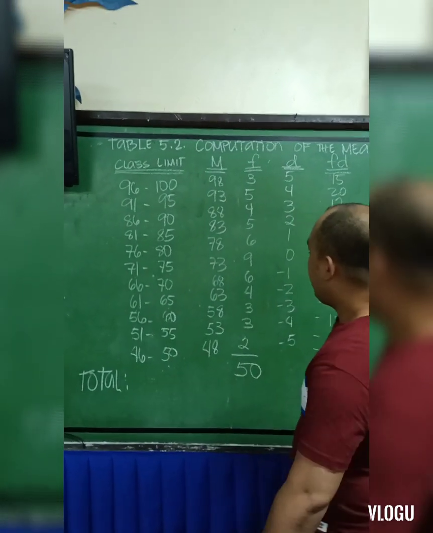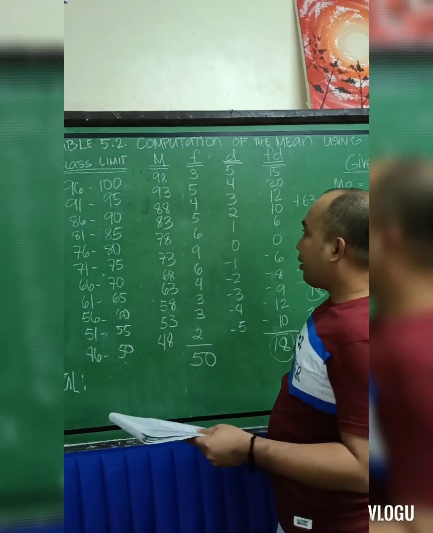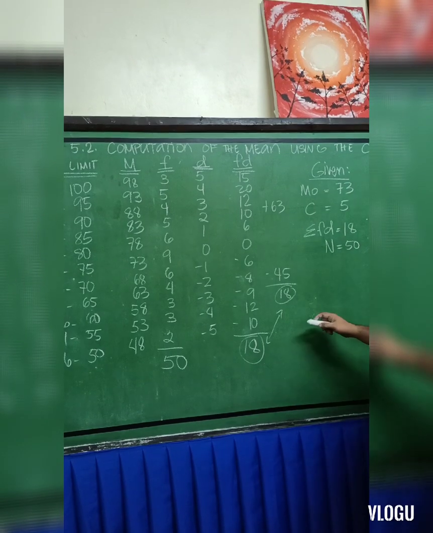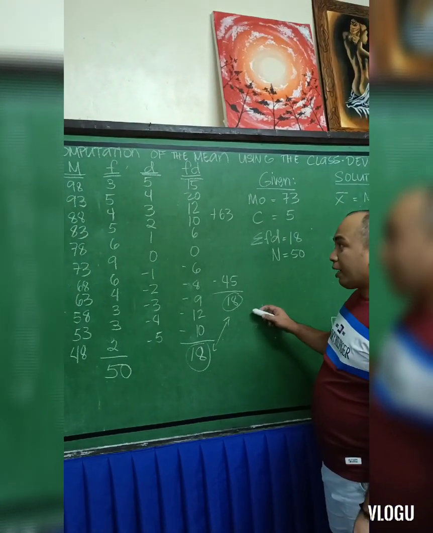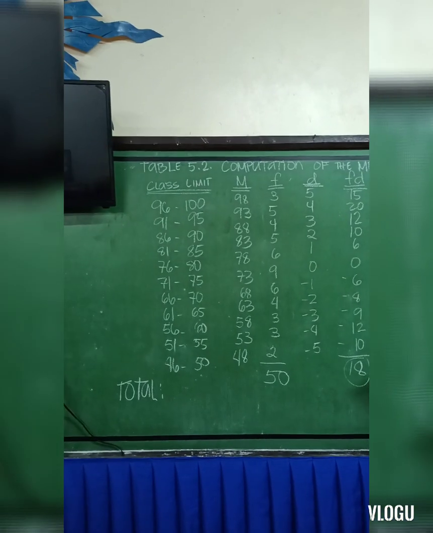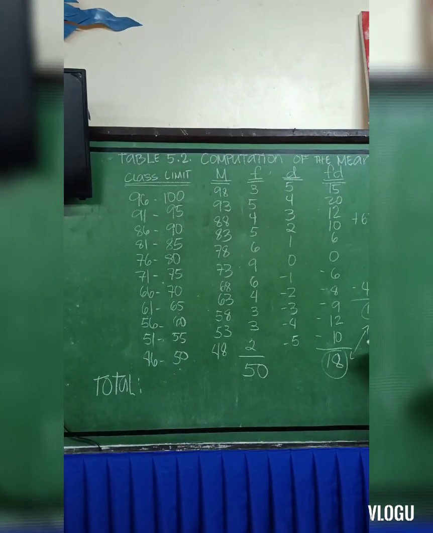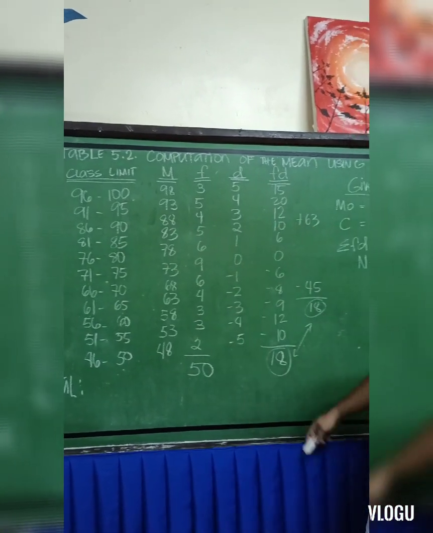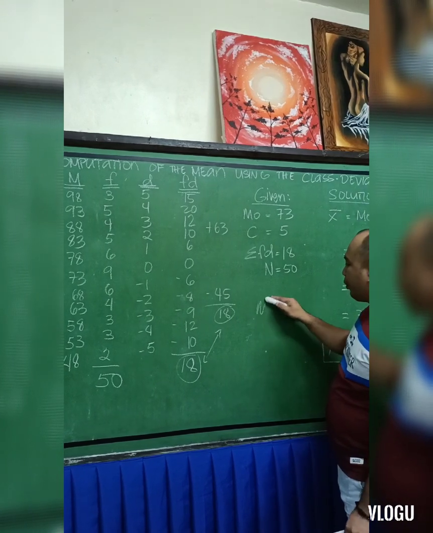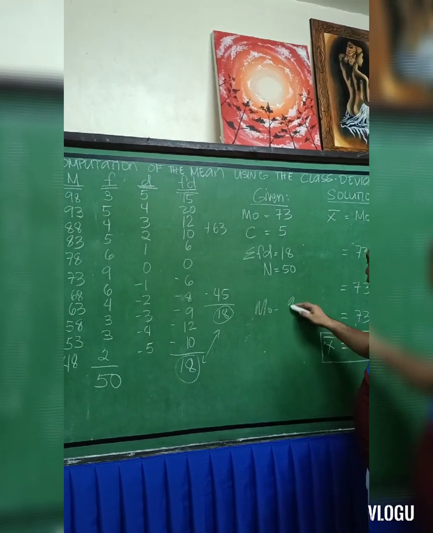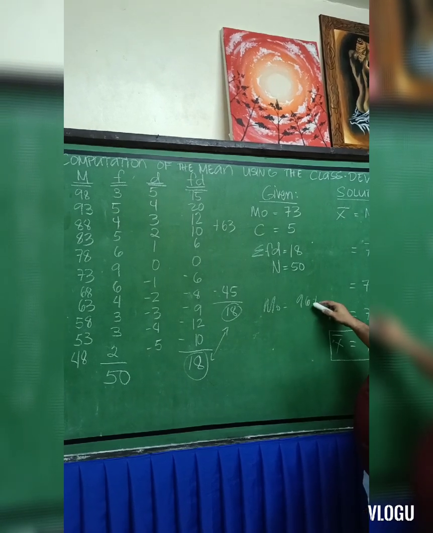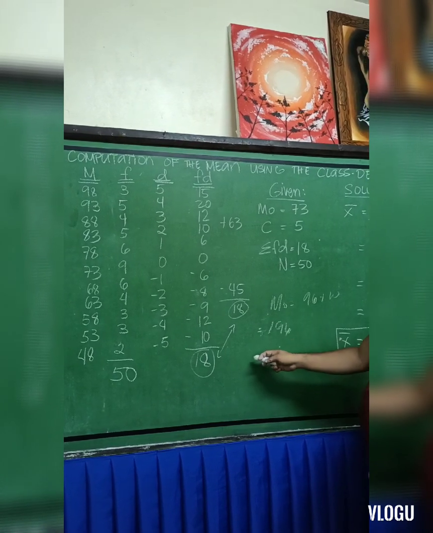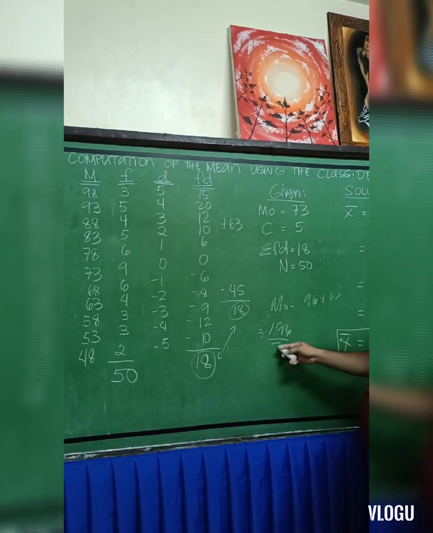As I said earlier, to get the midpoint, we simply add the lowest boundary of the class limit plus the highest boundary of the class limit, then divide by 2. For example, in the first row, which is 96 to 100, to get the midpoint of origin, we add 96 plus 100 is 196, divided by 2.